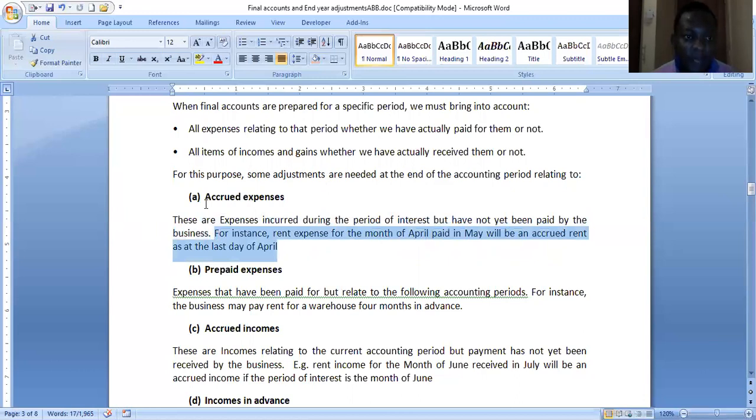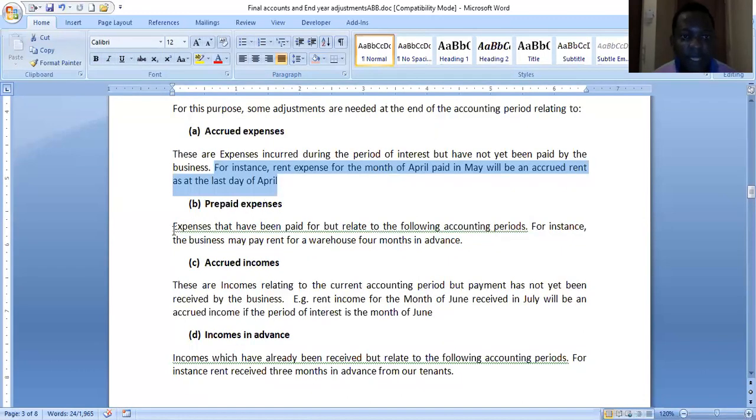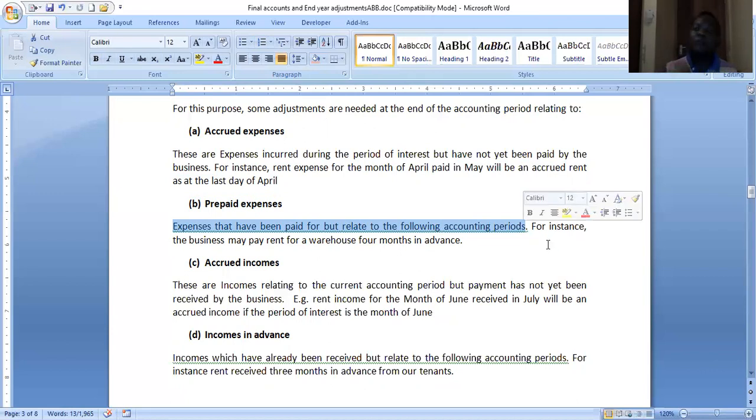Then we have prepaid expenses. These are expenses that have been paid but have not yet been incurred. For instance, we may have prepaid rent. We are currently in the month of June.